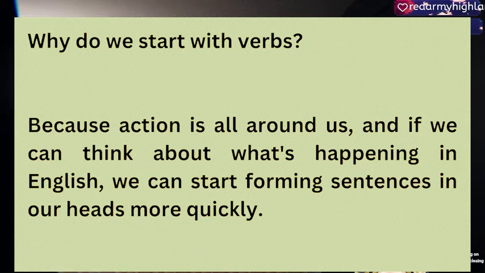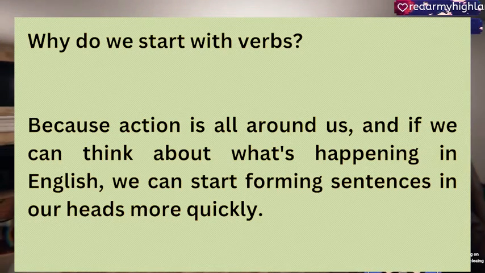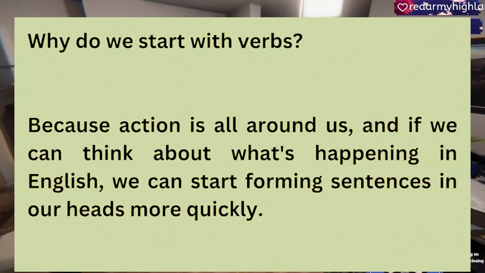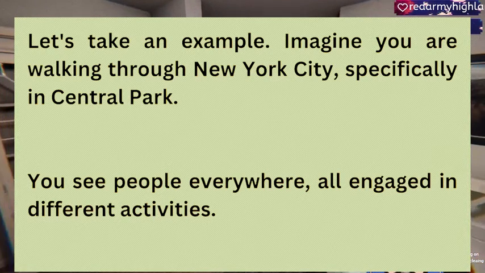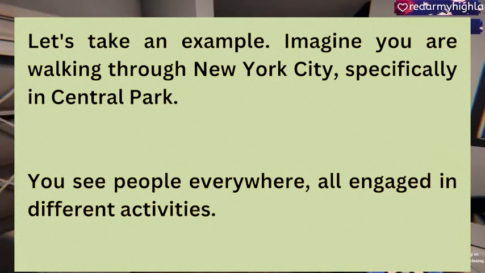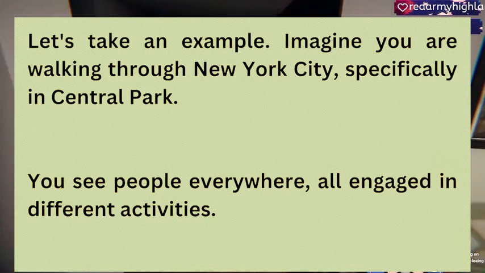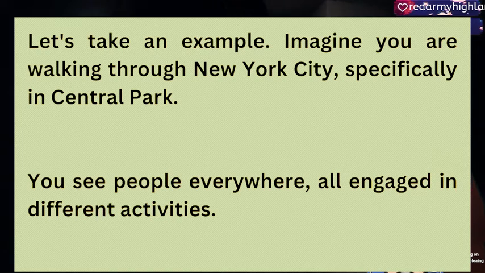Because action is all around us, and if we can think about what's happening in English, we can start forming sentences in our heads more quickly. Let's take an example. Imagine you are walking through New York City, specifically in Central Park. You see people everywhere, all engaged in different activities.